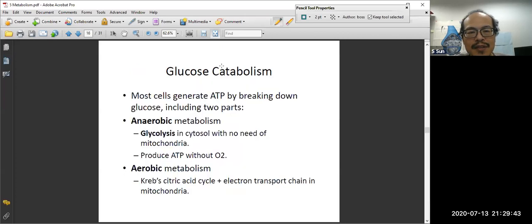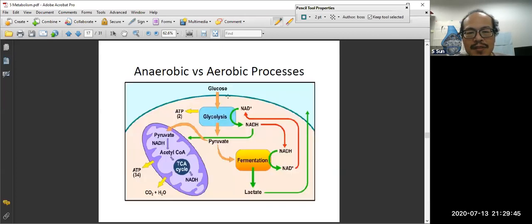So let's go back to this one here. Glucose goes through glycolysis to form pyruvate. Pyruvate then enters into the mitochondria to produce the acetyl-CoA. Acetyl-CoA then enters into this citric acid cycle. So this glucose catabolism goes through 2 stages.